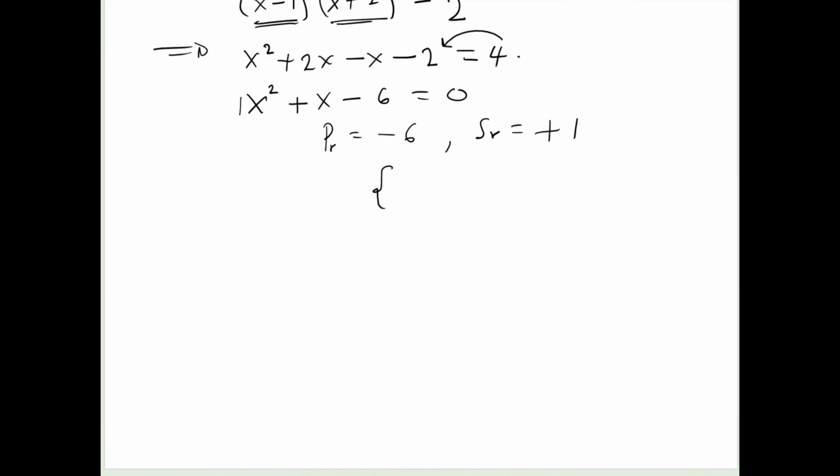What are the two numbers? That will be 3 and -2. 3 multiplied by -2 will be -6, and 3 plus -2, that will be 3 minus 2, which equals +1.